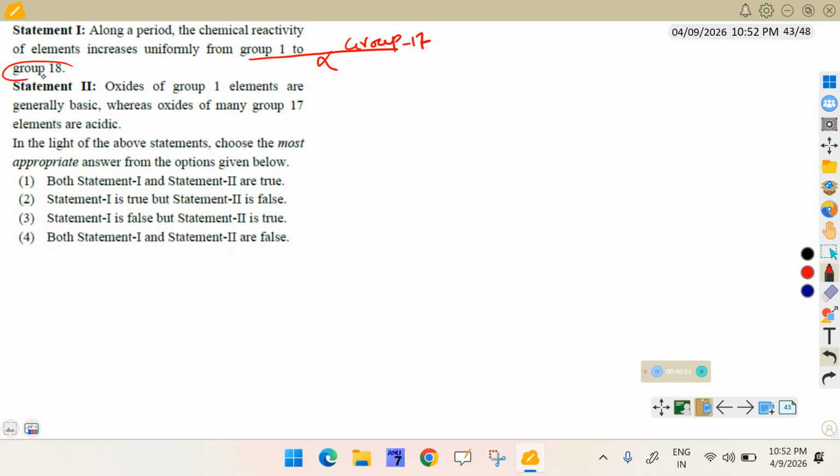Group 18 is chemically inert, so reactivity decreases. That's the reason this is the wrong option. Oxides of group 1 elements are generally basic, whereas oxides of many group 17 elements are acidic. Correct. Statement 1 false. Statement 2.